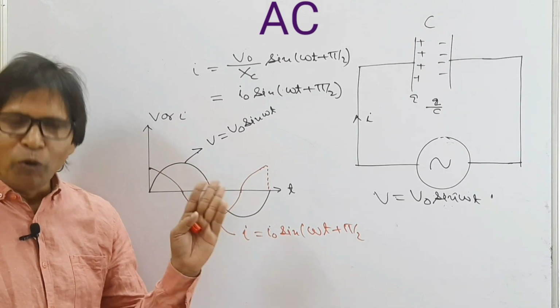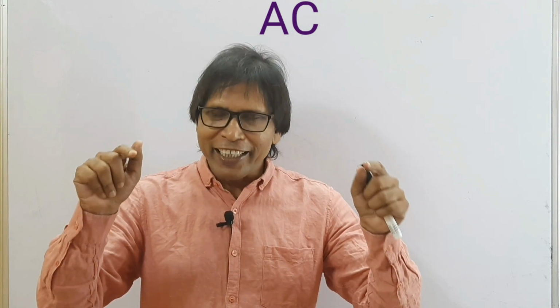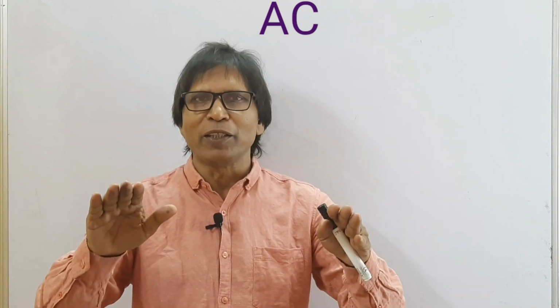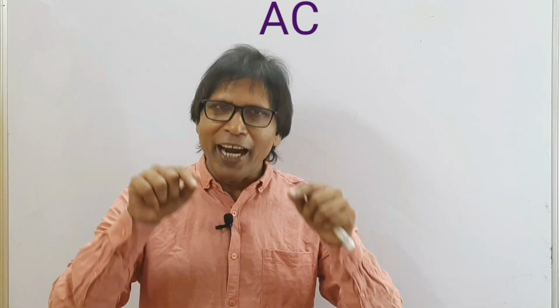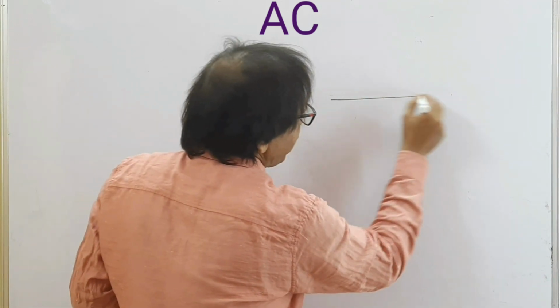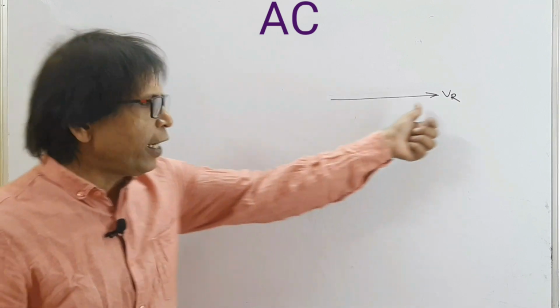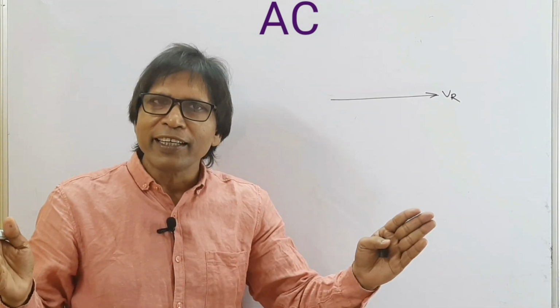Okay. Now from the above discussion it is clear that resistive voltage is in phase with current. The inductive voltage leads the current by pi by 2 and capacitive voltage lags behind the current by pi by 2. Now VR is represented along the x-axis, so current is also along the x-axis.